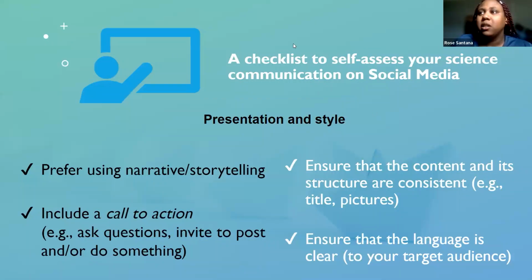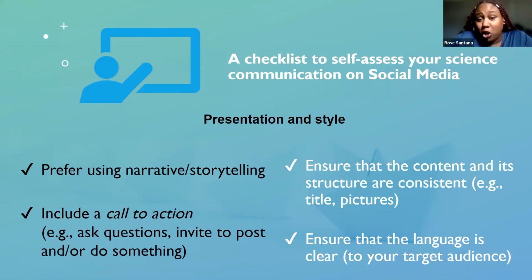A checklist. Another thing to focus on is presentation and style. Obviously, you're going to have your own look, or eventually you will develop your own look. But it's also important to prefer narrative and storytelling instead of just lecturing at people. Nobody wants to be lectured at. Everybody wants to be a part of the conversation, right? So using a narrative of storytelling will bring you a lot more engagement.